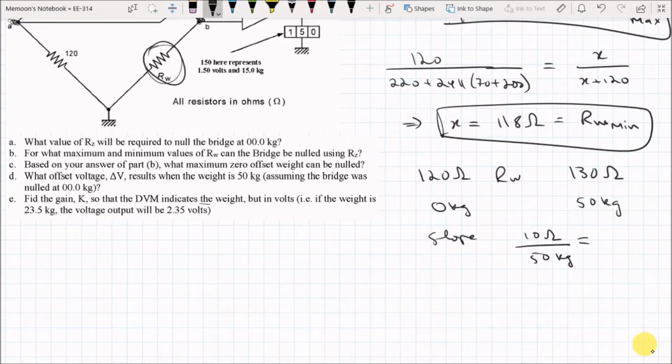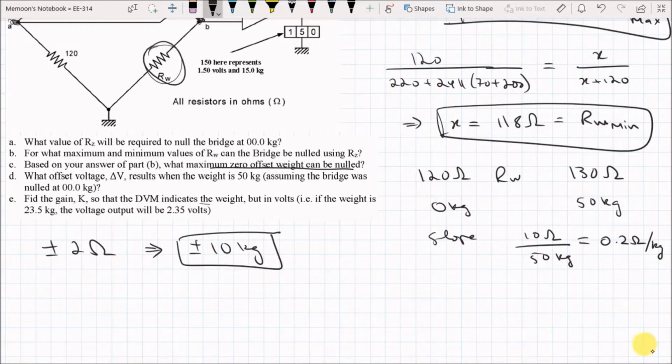That will give us 0.2 ohms per kg. And we know that we can correct this bridge by a factor of plus minus 2 ohms. This implies that plus minus 10 kg maximum zero offset weight can be nulled. So this is your part C.